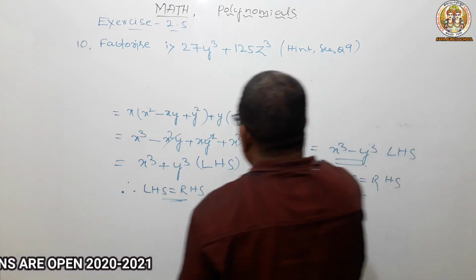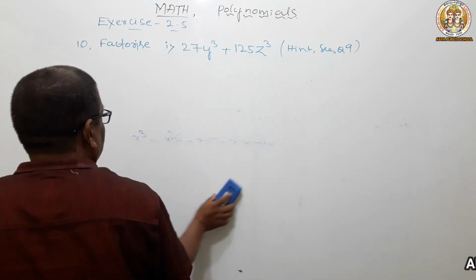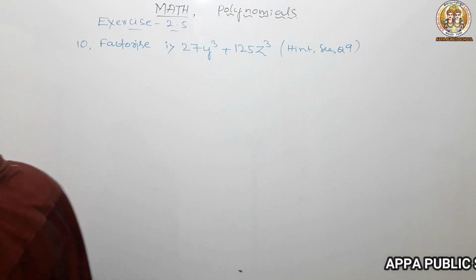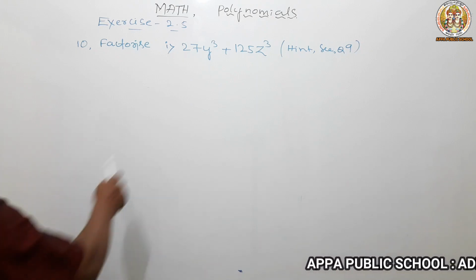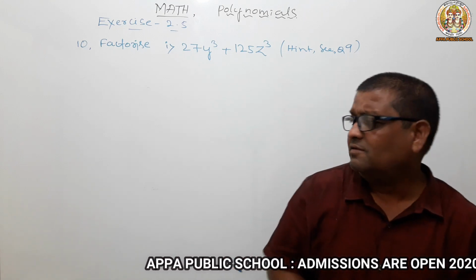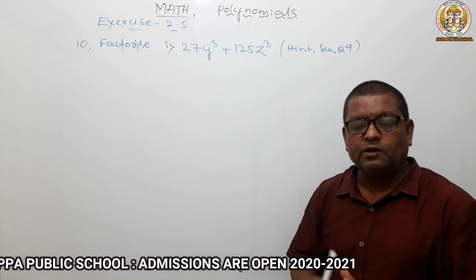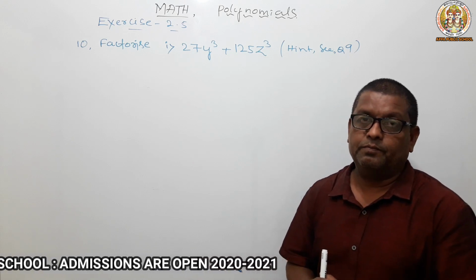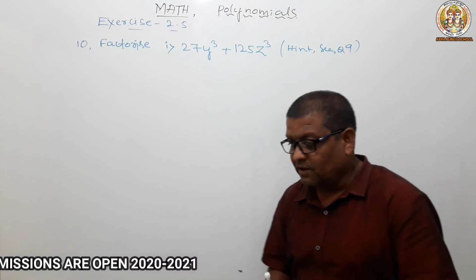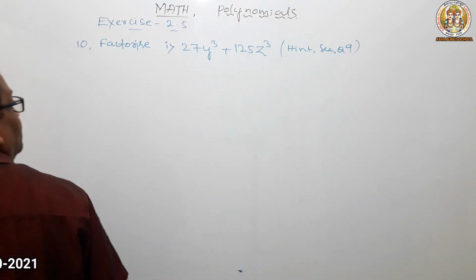So how are you going to find the factors of this given cubic form? Now don't say it is the formula of a plus b whole cube, because it is not a plus b whole cube, it is a cube plus b cube. We just came from the 9th question. What is a cube plus b cube?